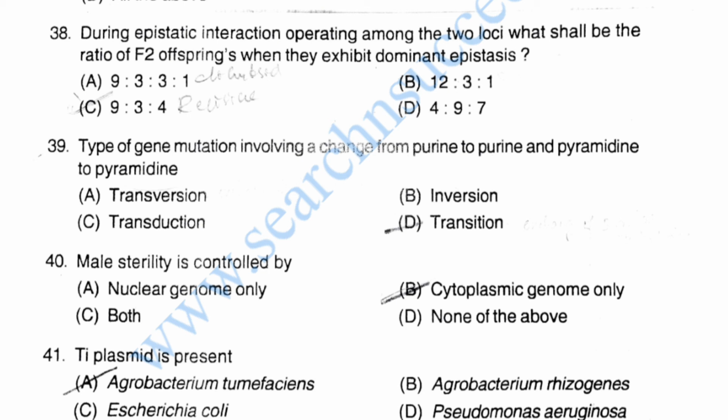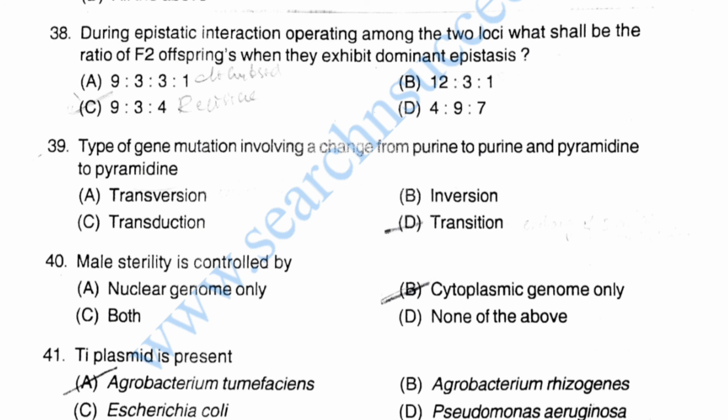The type of gene mutation involving change from purine to purine and pyrimidine to pyrimidine. In this case, what is the answer? Same bases are exchanged. Purine changes to purine, pyrimidine changes to pyrimidine. That is transition. The answer is transition.